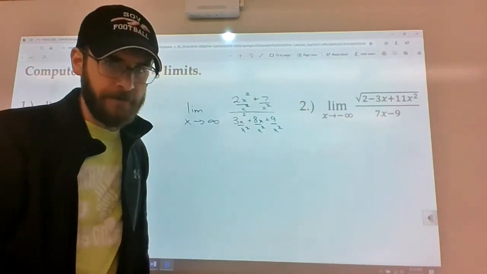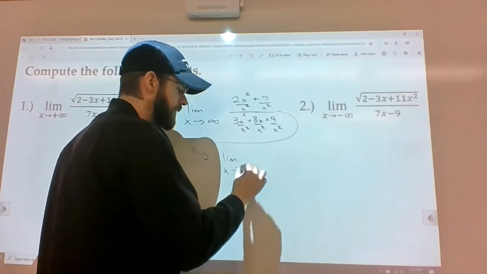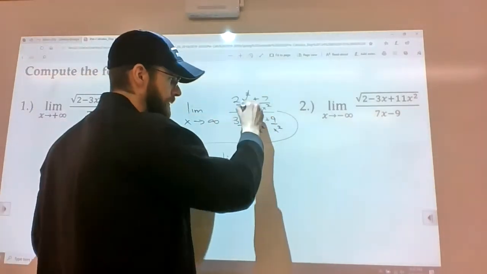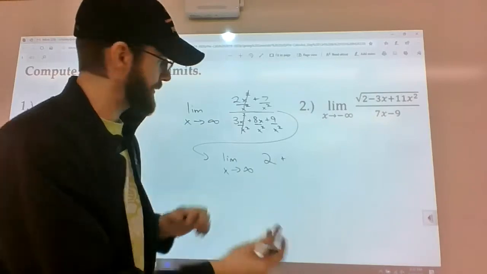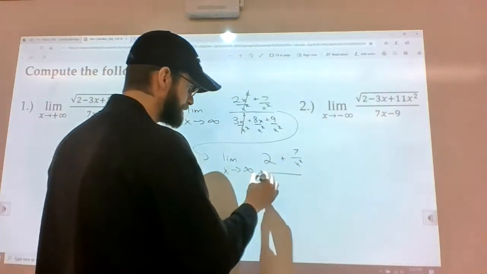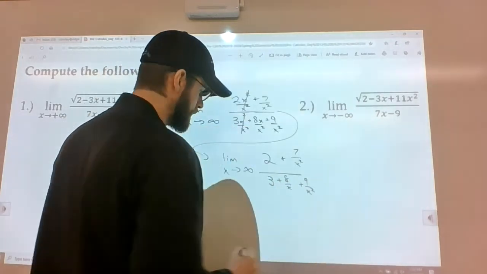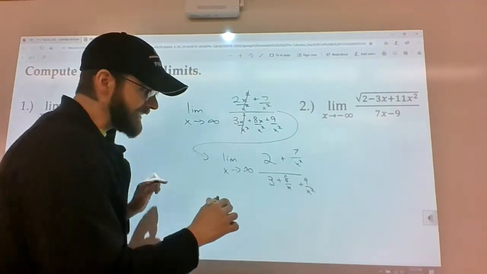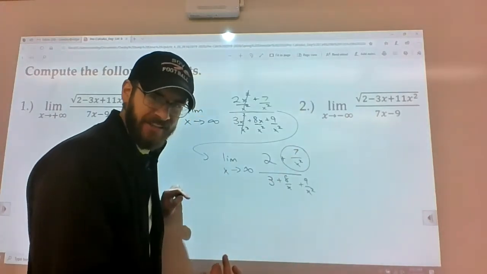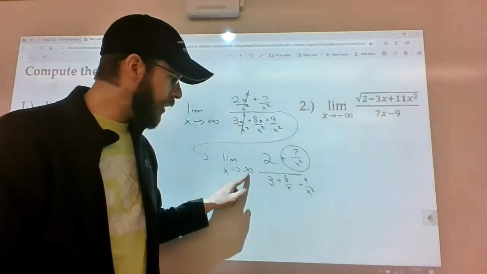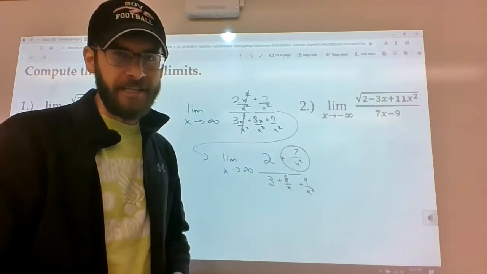And what that did for us is it created either constants or expressions with x's on just the bottom. We also talked about how anytime you are approaching infinity for a limit, and there's an x on the bottom, you are approaching infinity so fast that it's basically like saying this has no value. 7 divided by infinity, there's no value to that.